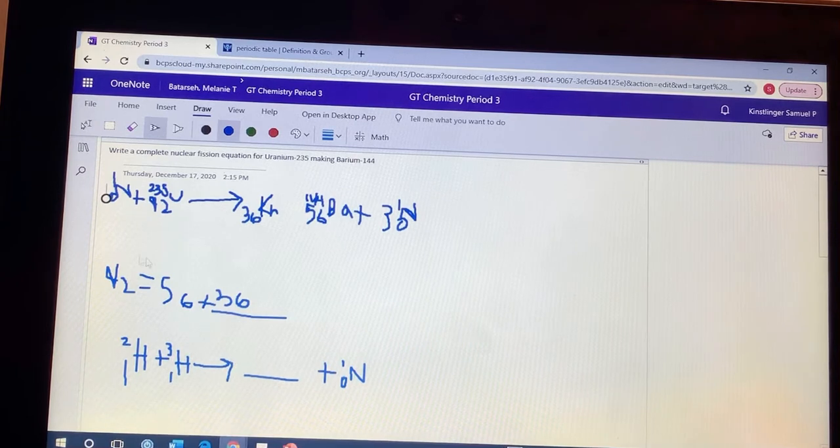And when we look at neutrons, we see it's 236. Where I got 244 from, I don't know. 236 equals 147 plus what? It's going to be 147 plus 89.